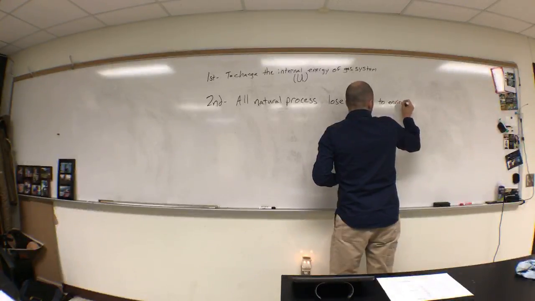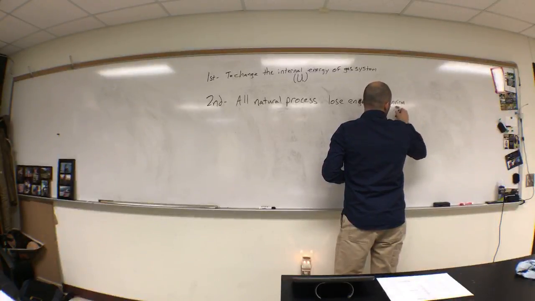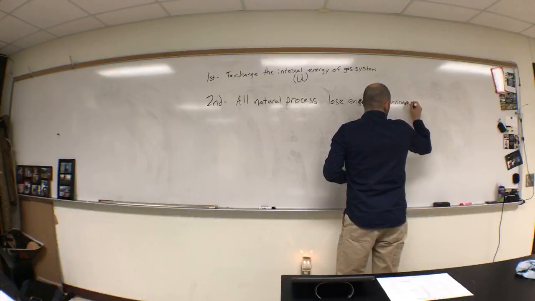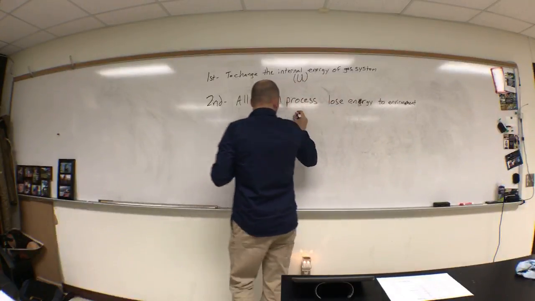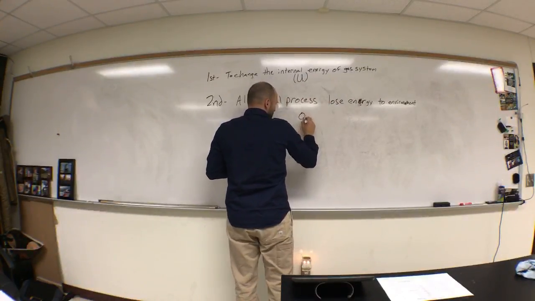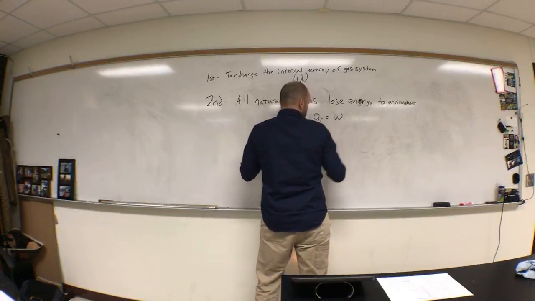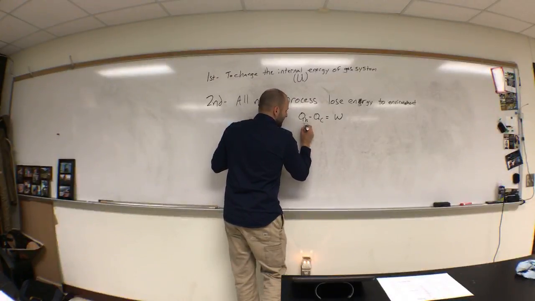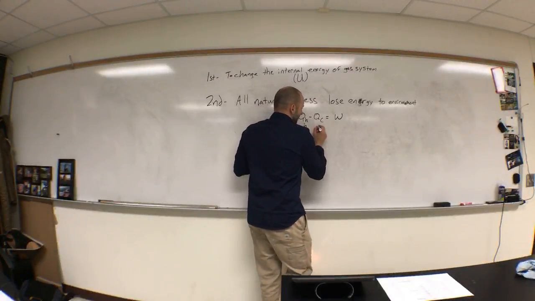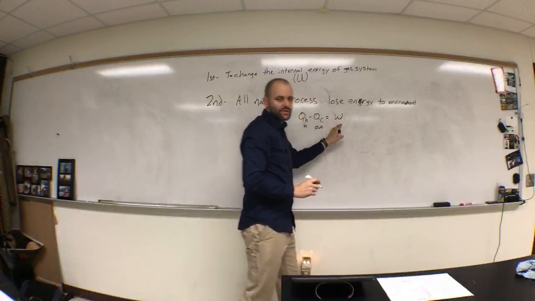Remember, the environment is just anything that is outside of the gas. Or it gives us this equation: QH minus QC is equal to work done. And that means that if I put in heat, and some heat leaves to the surroundings, then whatever the difference is, is the work done.